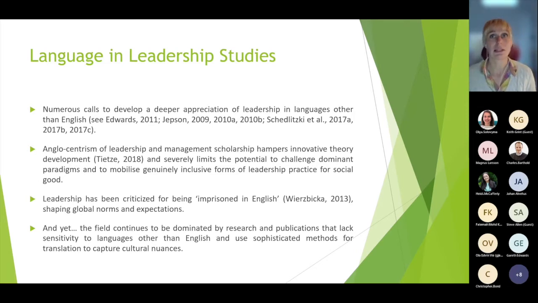And over the last 15 years that I've been writing around this and trying to get funding for a research project that helps to shake up the field by exploring and giving voice to other languages of leadership, I have been struck by how little importance others see this, and how happy funders are to continue to fund projects that do not look critically at the dominance of English and the imprisonment within the English language of research projects.